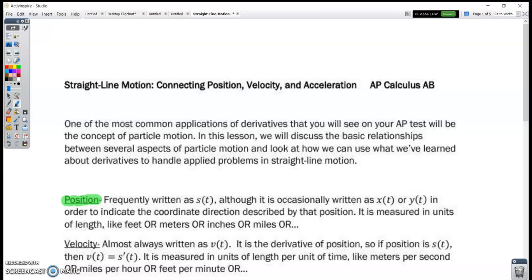Most frequently in this course, you'll see position written as s of t. We might also see it written as x of t or y of t in order to talk about the direction that the motion's happening.